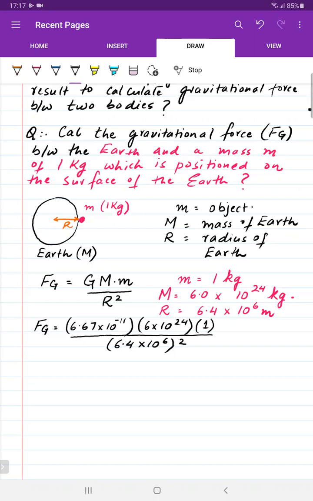So the value of the gravitational force in this scenario, 2SF पे लिख रहा हूँ, so it amounts to 9.8 newtons.